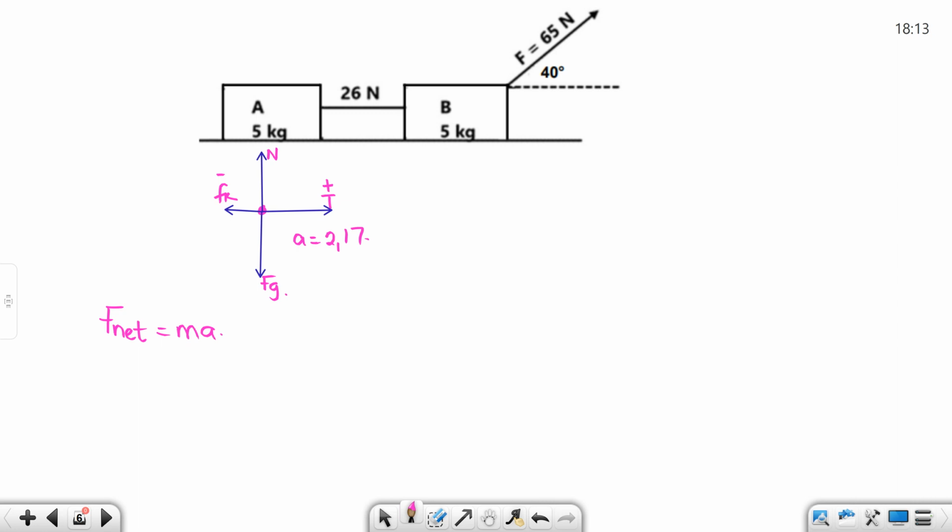How many forces do I have on the horizontal? 2. Positive T plus negative what? Friction equals what? Ma. Do I know my tension? 26. Do I know friction? No. What is the mass? 5. What's the acceleration? 2,17. And we are done.